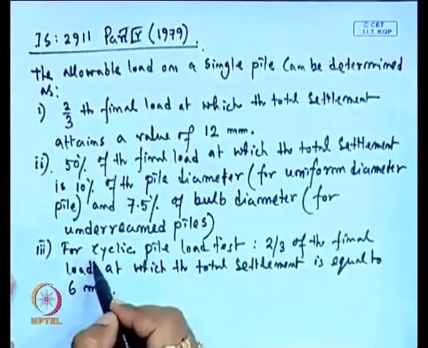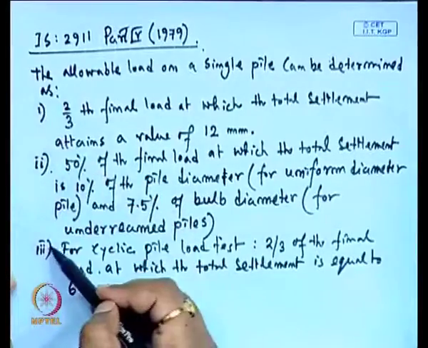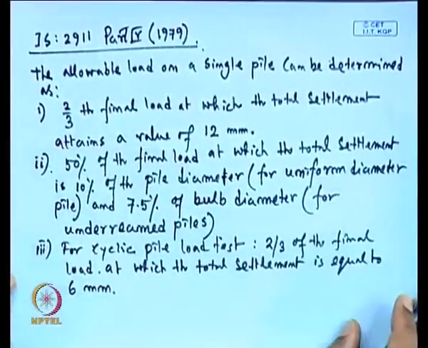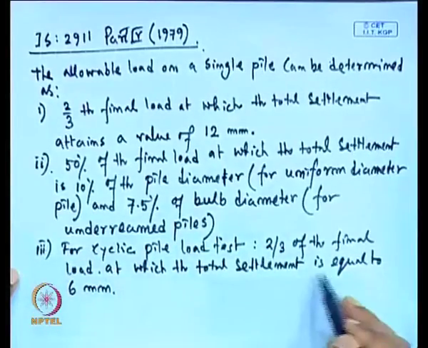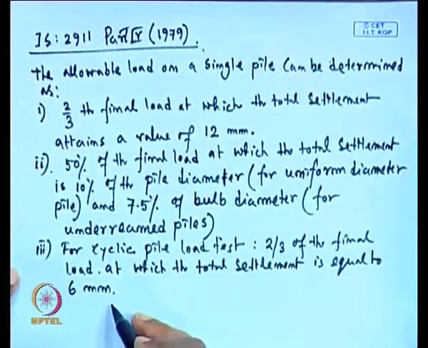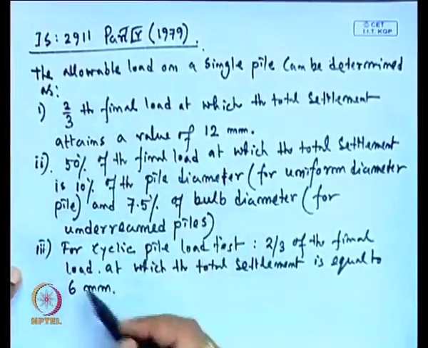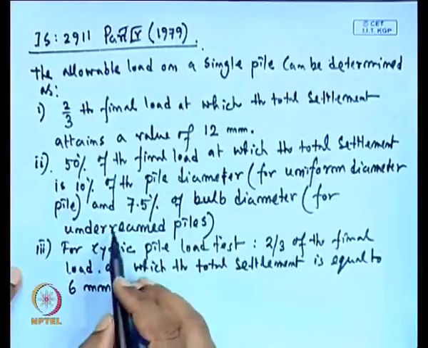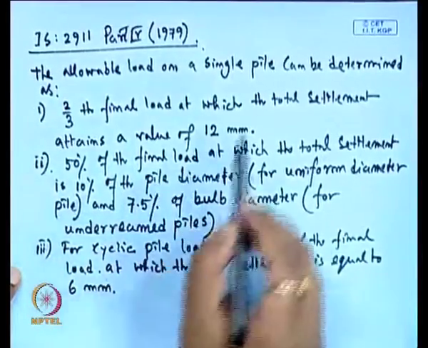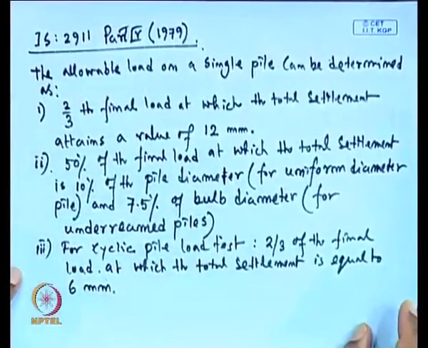It is similar to the number 1 condition, but here it is 2/3 of the final load at which total settlement is equal to 6 mm. So, the minimum of all these conditions is what we will consider as the allowable load on a single pile, determined based on the pile load test.